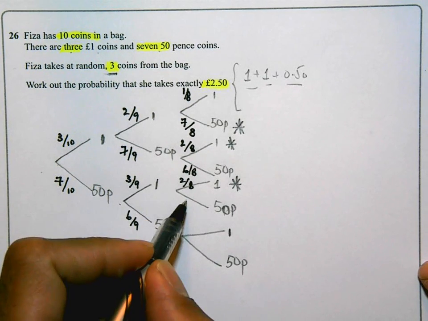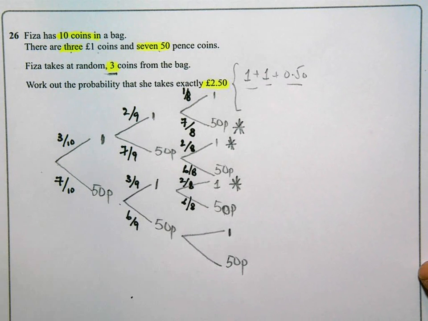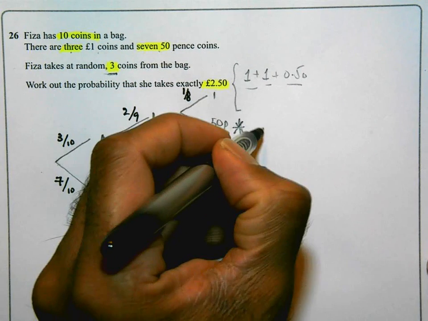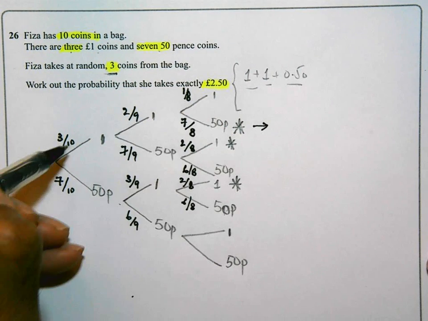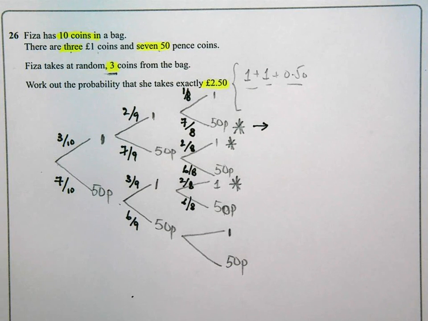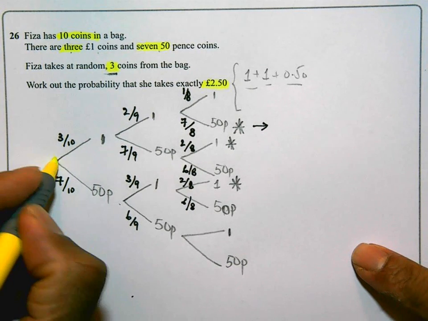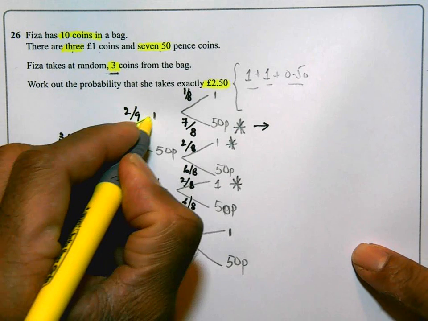So working out my probabilities, this particular one follows this path, and I'm going to show this quite clearly: 3 over 10 times 2 over 9 times 7 over 8.